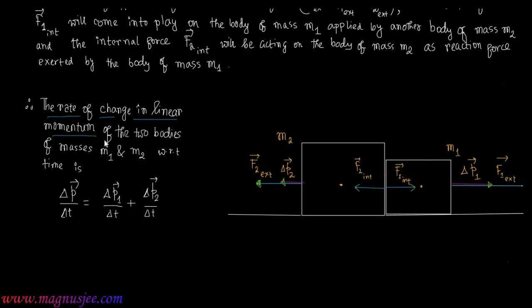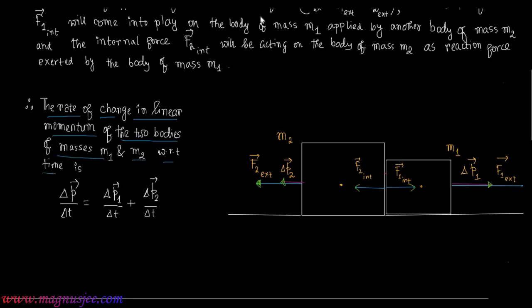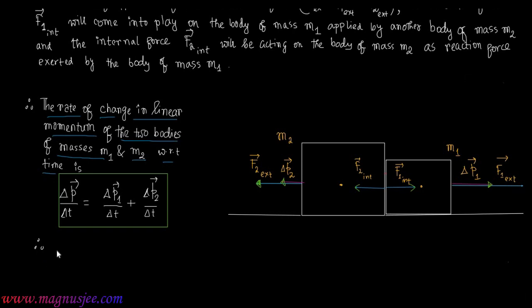Therefore, the rate of change in linear momentum of the two bodies of masses m1 and m2 with respect to time is given by delta vector p by delta t equal to delta vector p1 by delta t plus delta vector p2 by delta t.